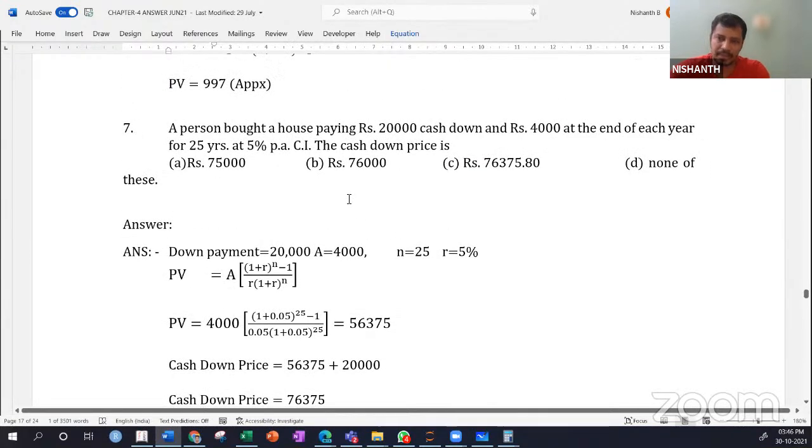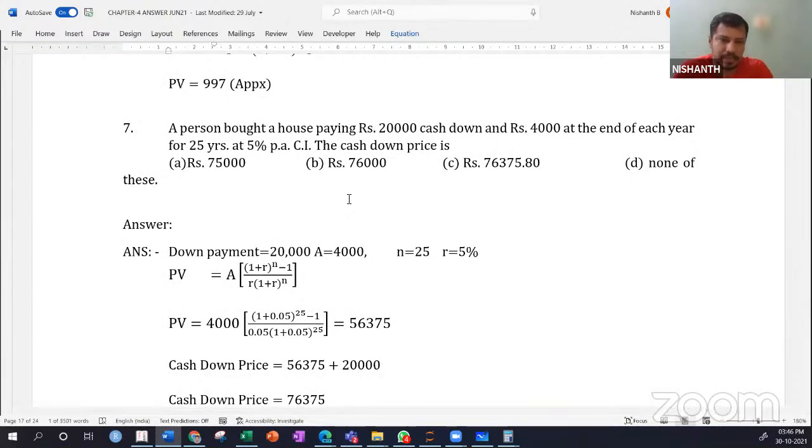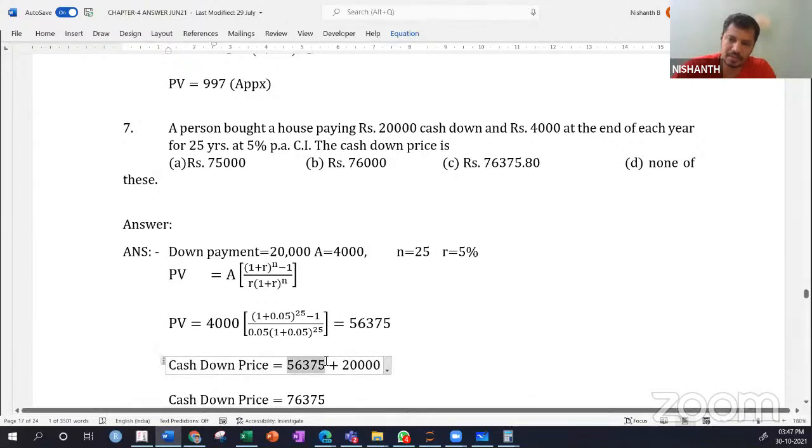This is cash down price. Hope you guys have understood cash down price. Cash down price is the present value of the EMI payments which you have taken, plus the down payment. Basically, cash down price is the loan which you have taken plus the down payment which you have made. That is the cash down price. So how much loan have you taken? You have taken 56,375.